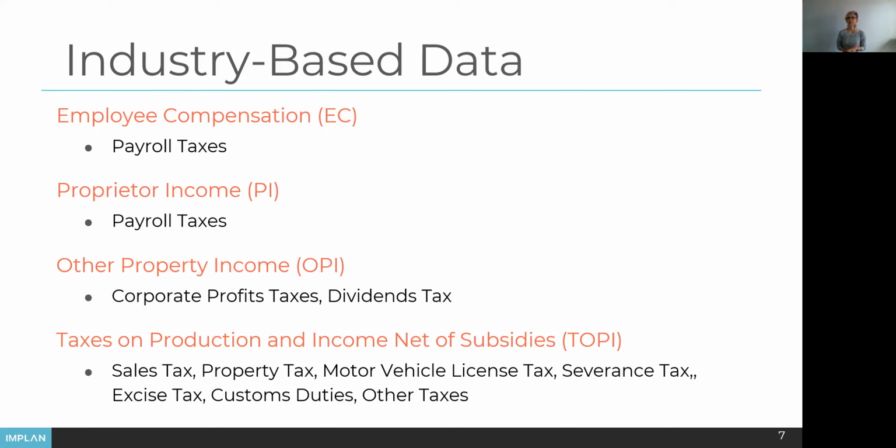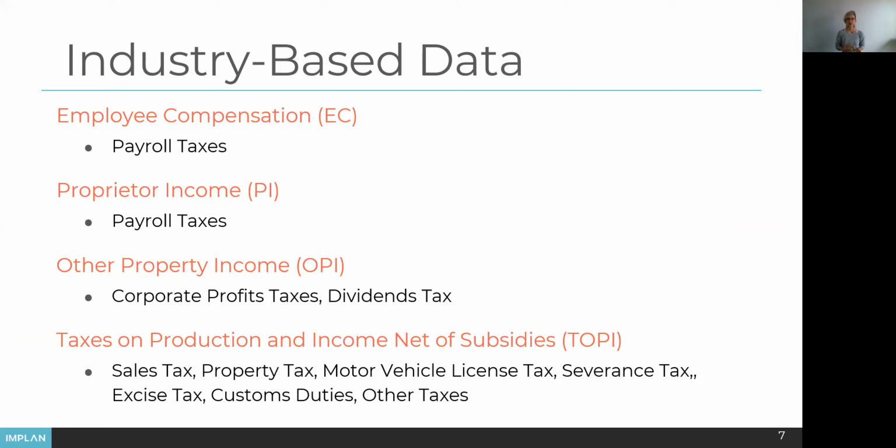Each of those components pays something in taxes, or contains a tax item that goes to the government. So employee compensation and proprietor income pay out payroll taxes, for example, to the government. Other property income is largely made up of corporate profits. So corporate profit taxes get paid, and dividends tax get paid out of that account.